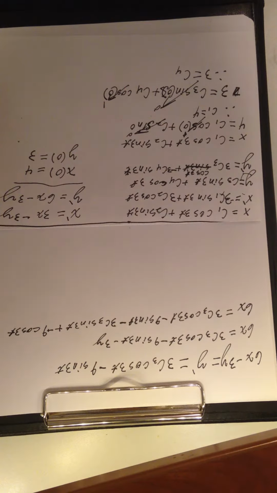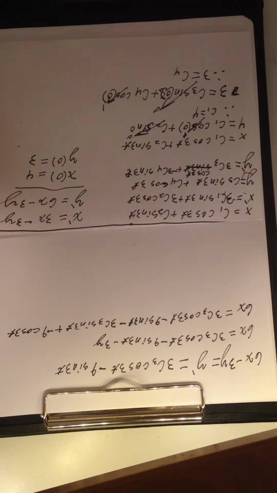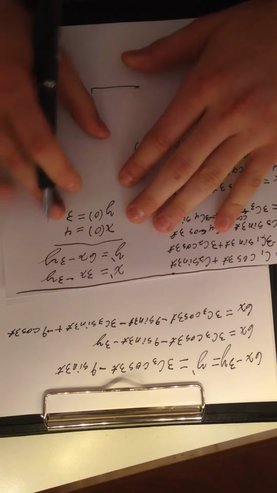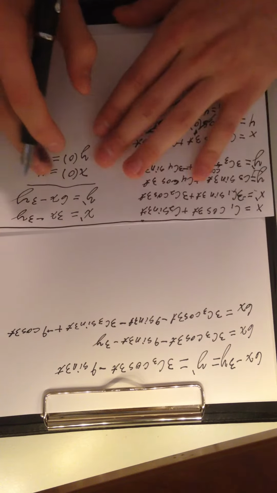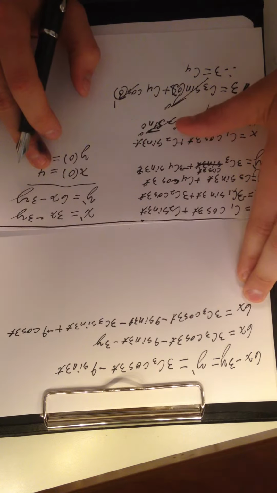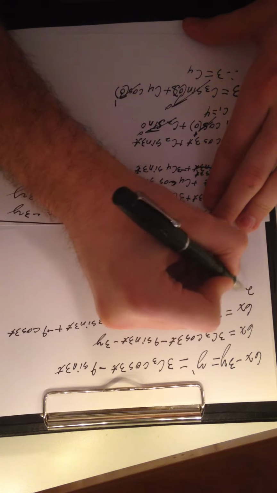Now, we can divide by 6, but in my opinion, it's a little bit easier to use the equation given to us where x of 0 is equal to 4. We're just going to take 4 and multiply it by 6, which gives us 24.